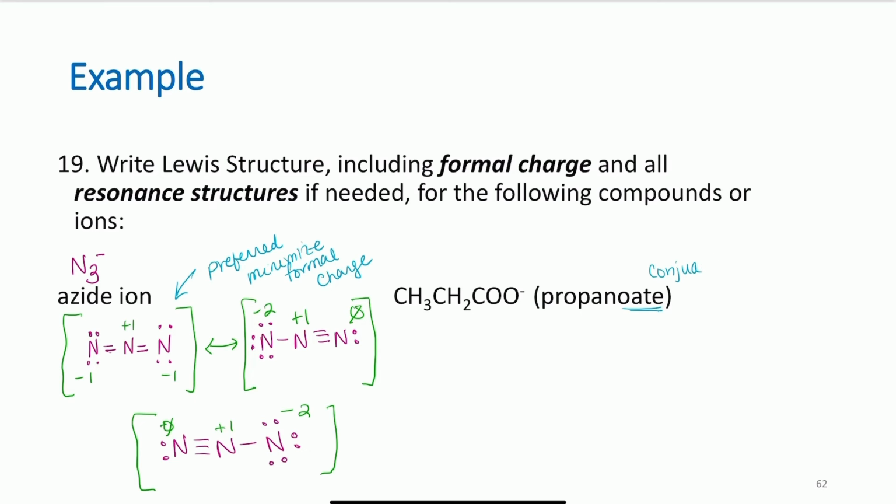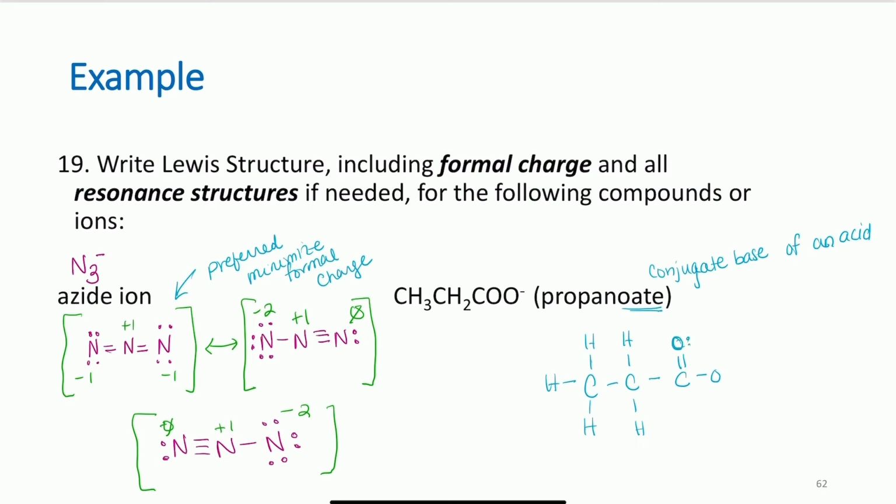It's written out just like it's connected. So carbon connected to 3 hydrogens, connected to a carbon, which is connected to 2 hydrogens, connected to a carbon, which is connected to 2 oxygens.